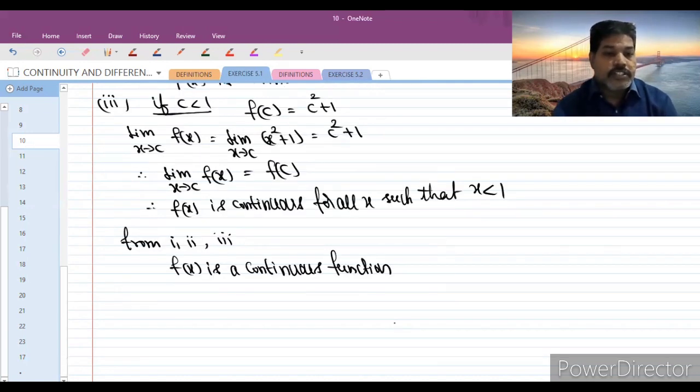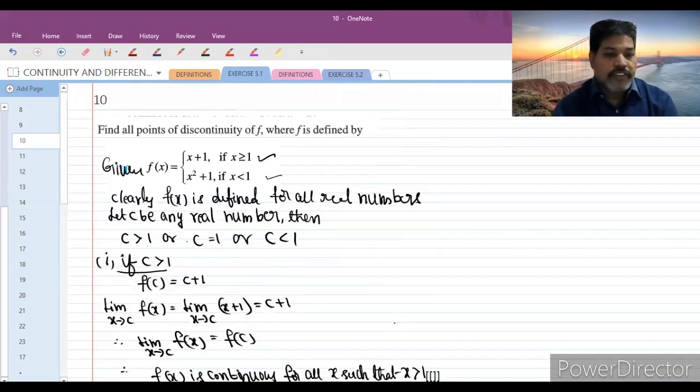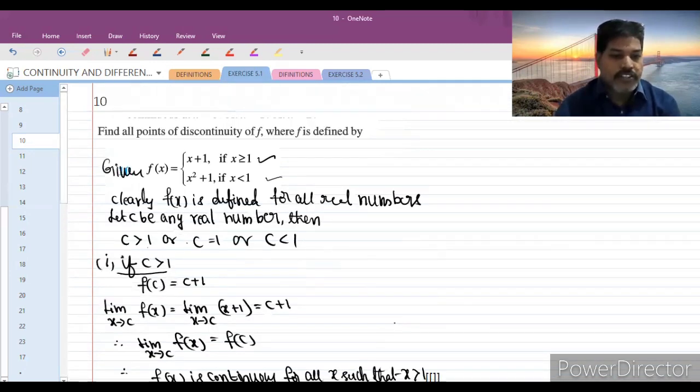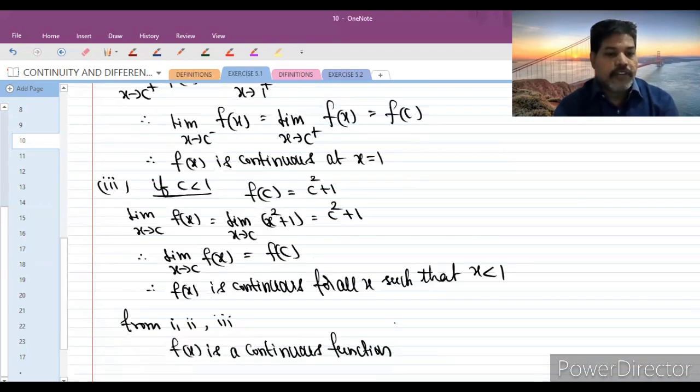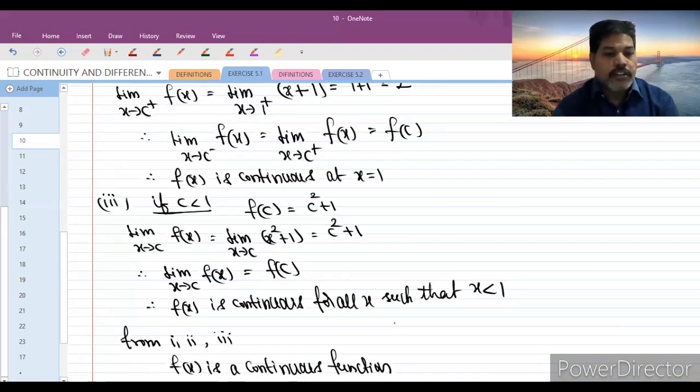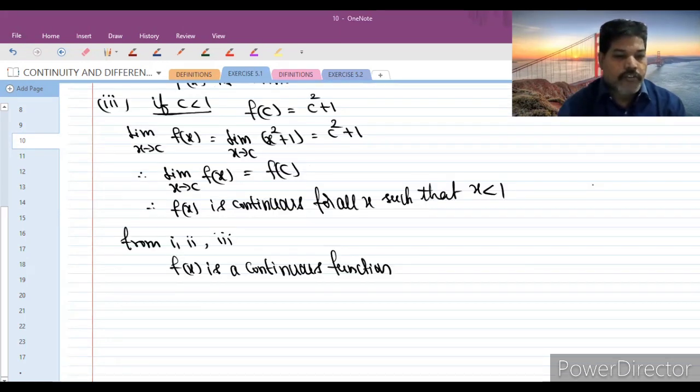So see that question, students. f of x is given. They are asking what the points of discontinuity are. So there are no points of discontinuity. f of x is a continuous function. There are no points of discontinuity. Therefore f of x has no point of discontinuity.